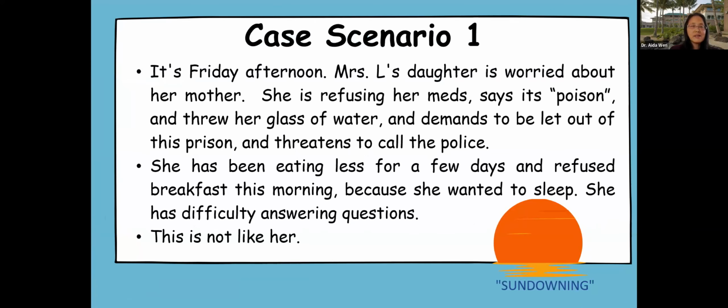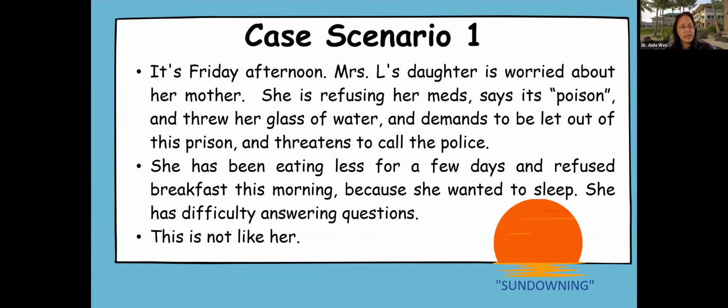We'll begin with a little case scenario. It's Friday afternoon, and Mrs. L's daughter is worried about her mother. She's refusing her meds, saying it's poison. She threw her glass of water and demands to be let out of this prison and threatens to call the police. She has been eating less for a few days and refused breakfast this morning because she wanted to sleep.